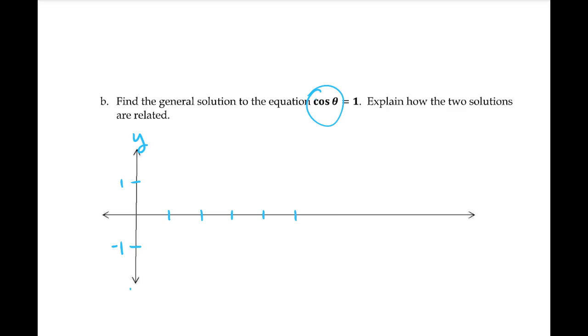Oops, too close. Again, always making that effort to keep my scale consistent. Starting at a maximum, midpoint, minimum, midpoint. There's no stretch or compression because we're just talking about cosine, which is my parent function. So these points are well known to us by now, or a good review of Unit 1.